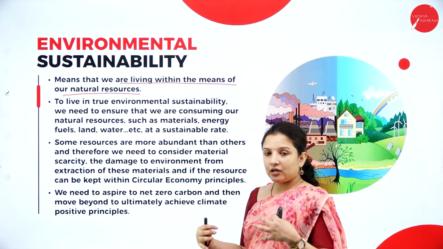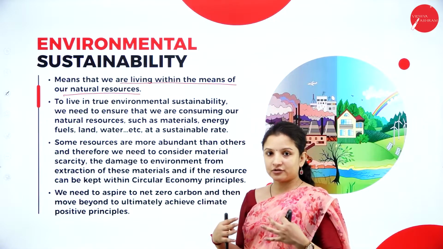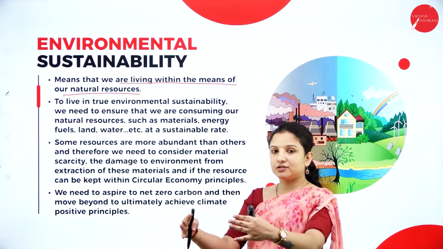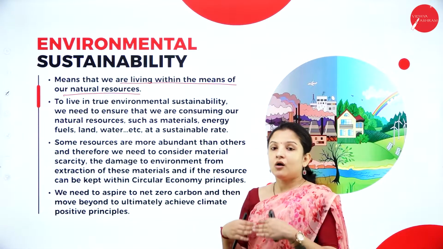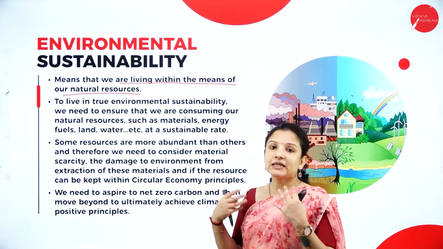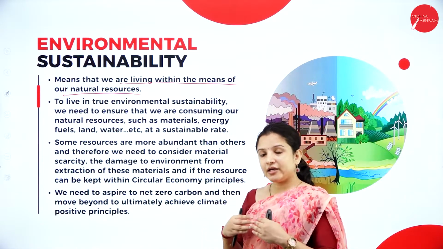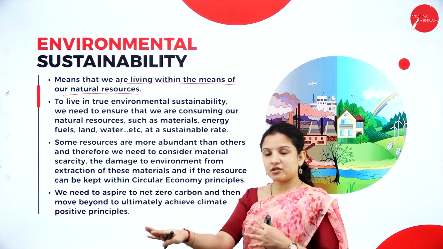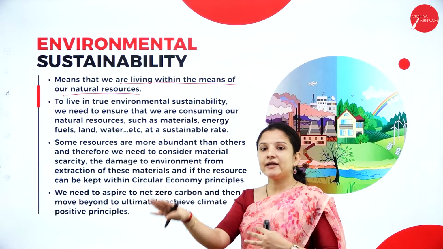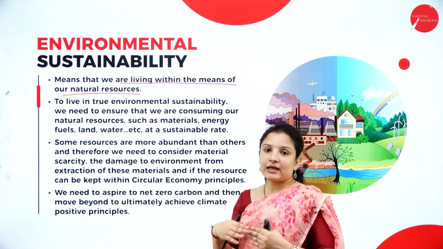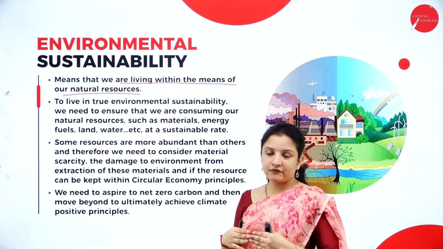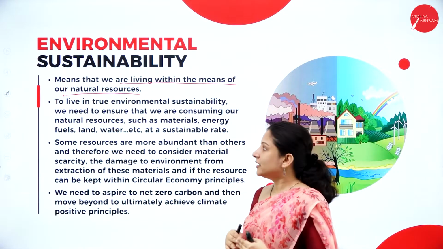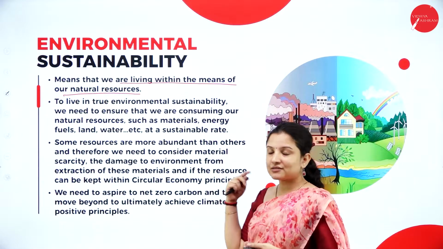If natural resources are there, humans' life will be made easier. And if our greed completely diminishes the natural resources, then human life will be put into a problem, right? So that is what environmental sustainability is here.